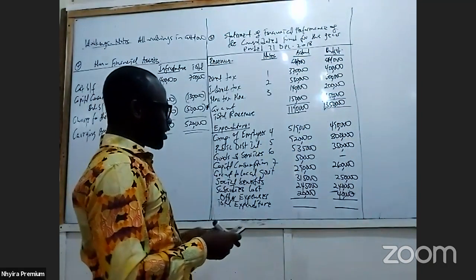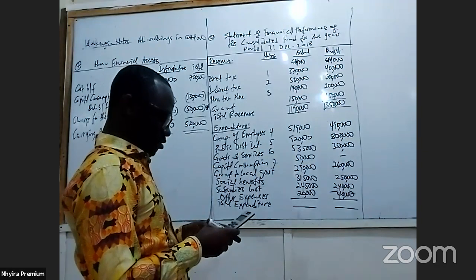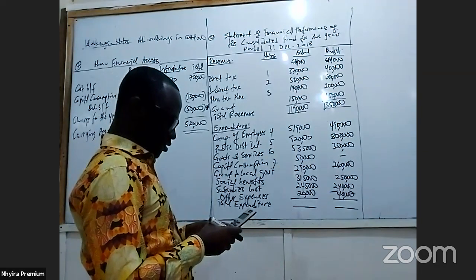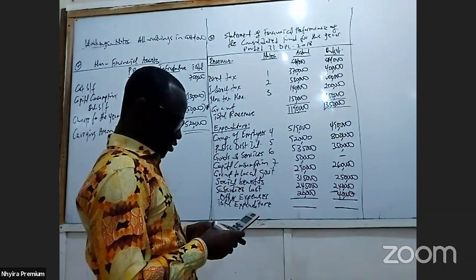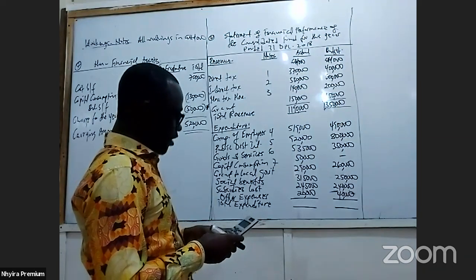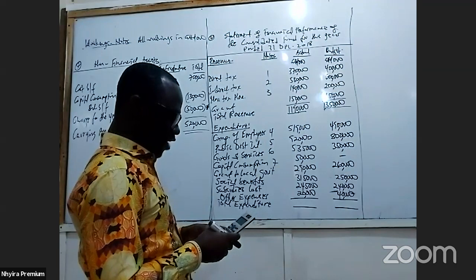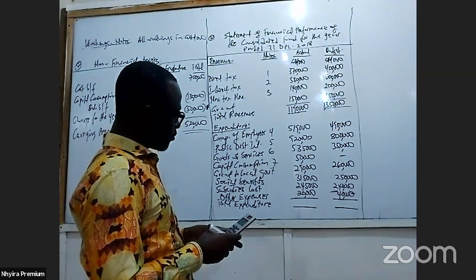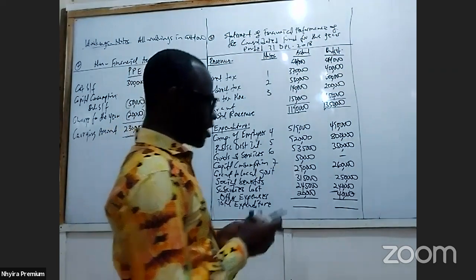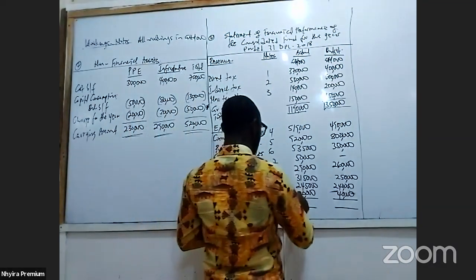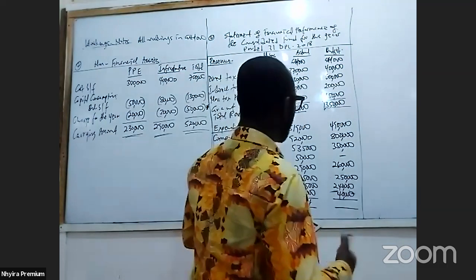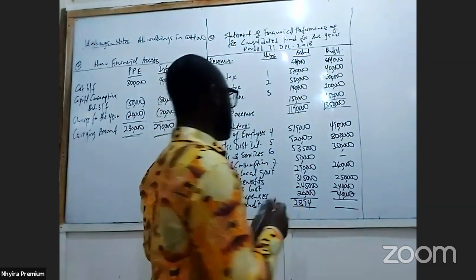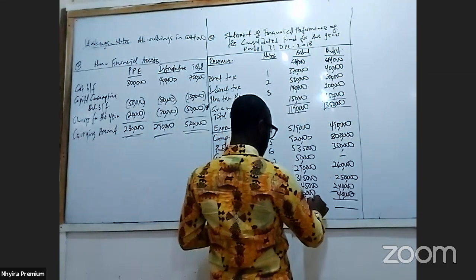Let's deal with the total expenditure: 519, 920, 535, 50, 290, 315, 245, 20. I'm getting 2894. When we add up here, 2894,000.